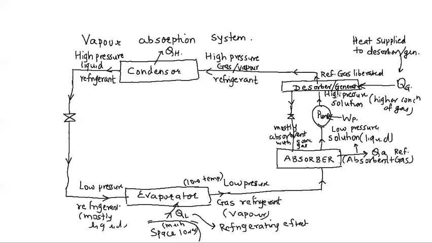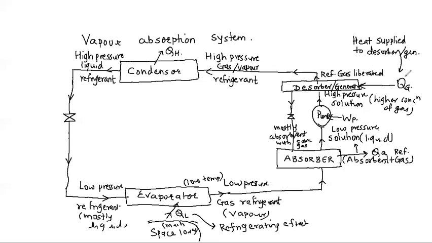This high pressure solution of the refrigerant enters the desorber section or vapor generator section. There are two names, again I am repeating this. One is the desorber, the opposite of absorption, or it is called a vapor generator because vapors are being generated. Refrigerant vapors are liberated in the desorber. And why is that happening?